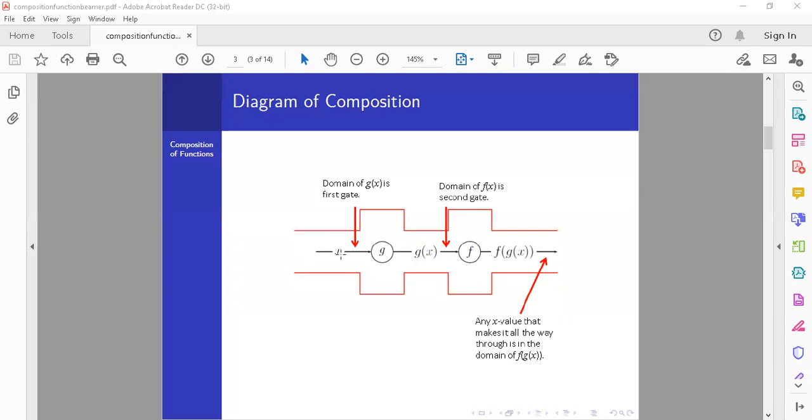If it doesn't go into g, it can't go all the way down. So any value x that goes into the g function will output some value g of x. The domain of f is the second gate, and what that means is that whatever comes out of g has to be able to go into f, okay? And when that occurs, then you're able to go all the way through, and any value that makes it all the way through is in the domain of f composed with g.